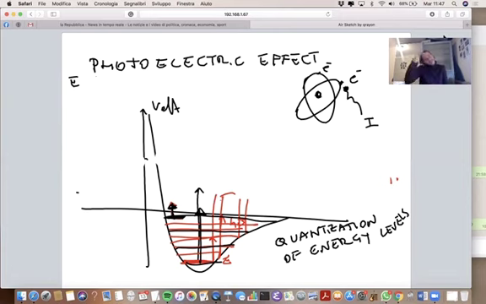And the particular levels that an atom or a molecule has, meaning the particular frequency of light that you can actually absorb, are a signature of that particular system.